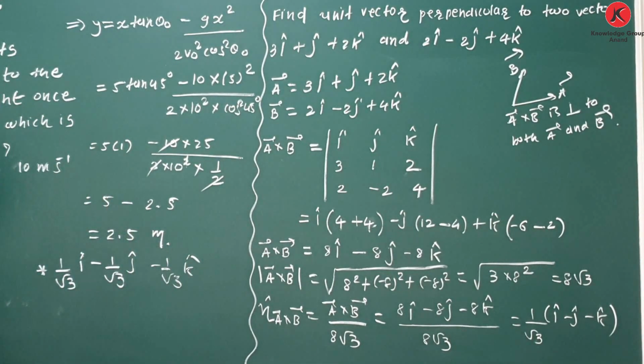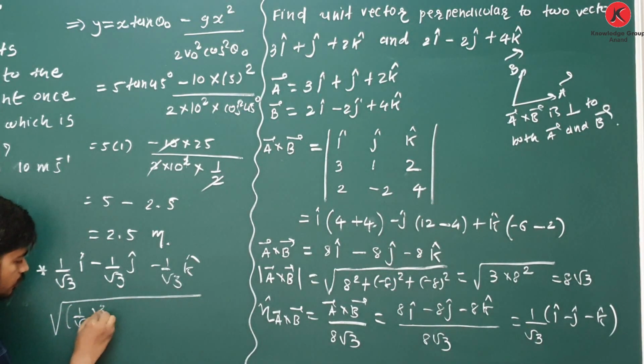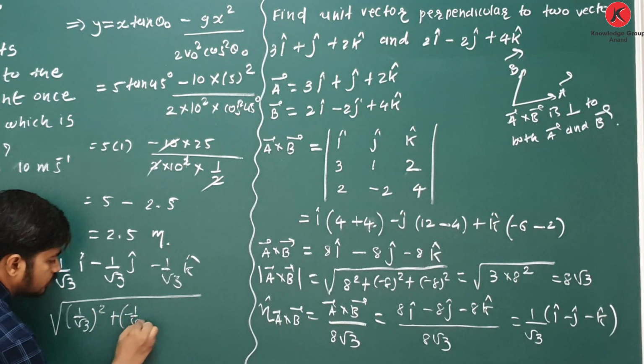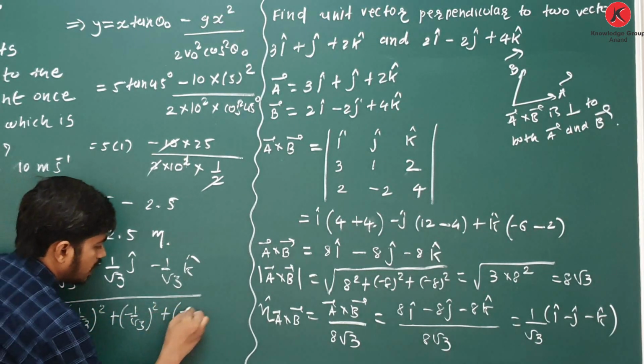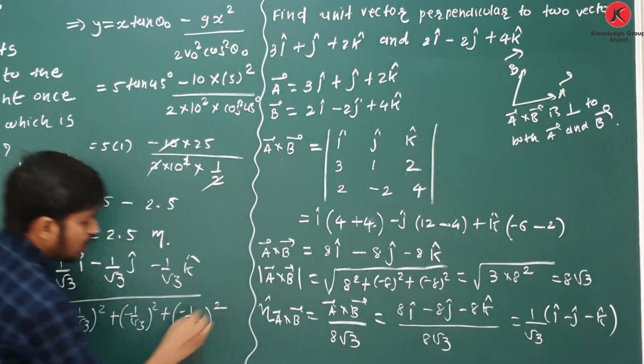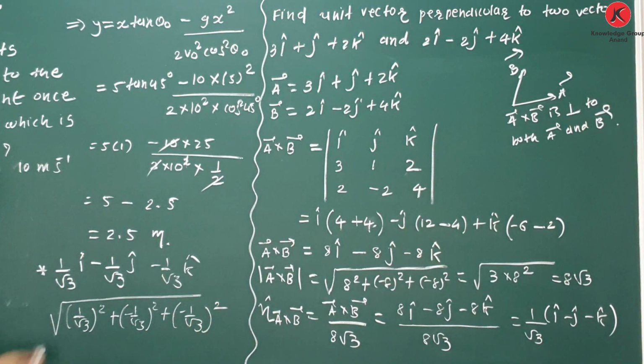So how to verify your answer? If I find its magnitude, I can find it like this: 1 upon root 3 whole square plus minus 1 upon root 3 whole square plus minus 1 upon root 3 whole square. How to find the magnitude of a vector? You know.